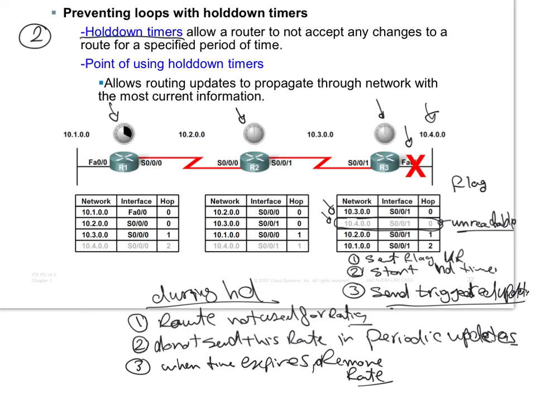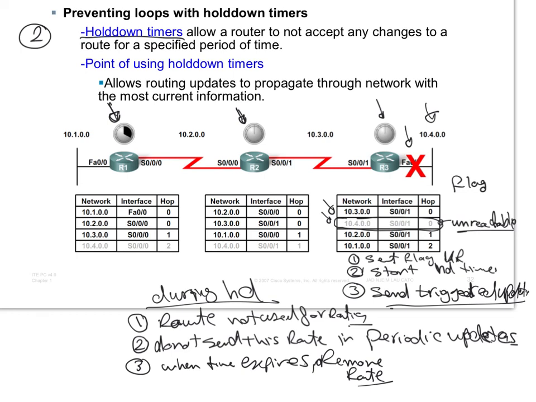Okay, and inform others through triggered updates, quickly. Okay, after the hold down timer has elapsed, then it makes sense. Everybody has been informed. Okay, so when the timer expires, everybody should remove this route from the routing table, and everybody will be happy. So the routing loops will not happen, right?